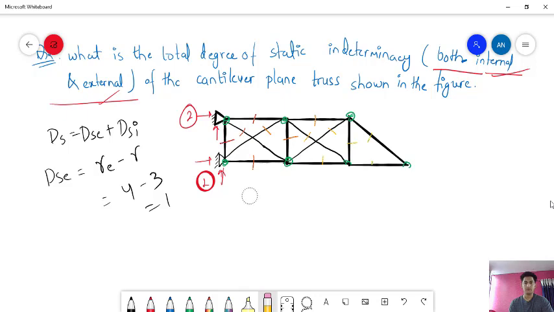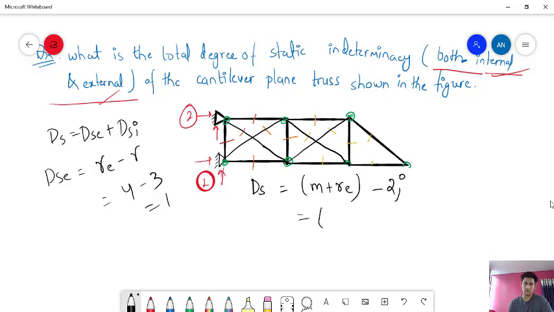The formula was DS equals m plus re minus the number of equilibrium equations, that was 2j.